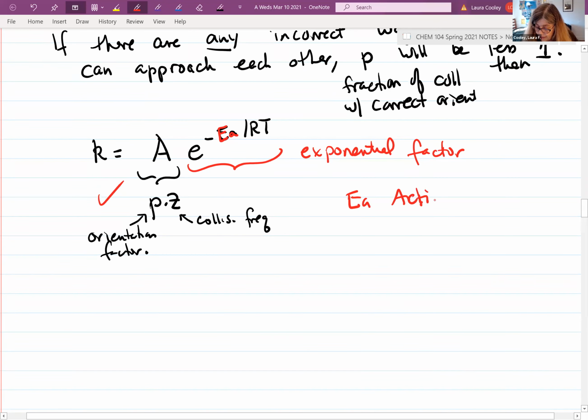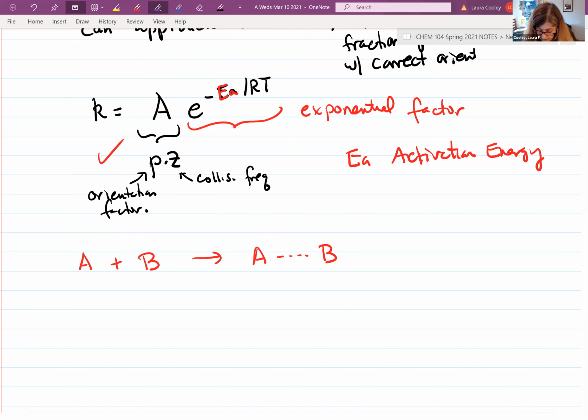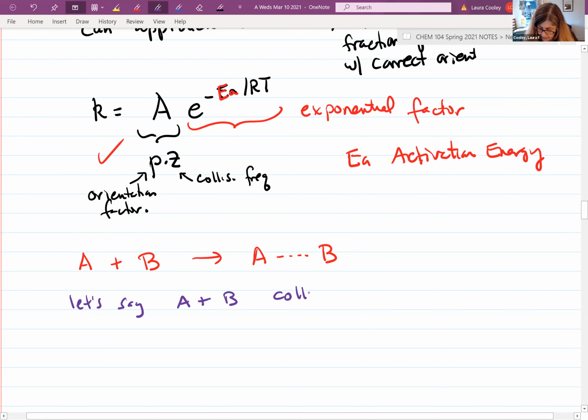So I've got to tell you about the energy profile, what happens to the energy over the course of a reaction happening. Okay, so I already said that if you had two molecules, A and B, they form this collision complex. So let's say we've gotten to this point. Let's say A and B collided, and let's say they even collided with the correct orientation.